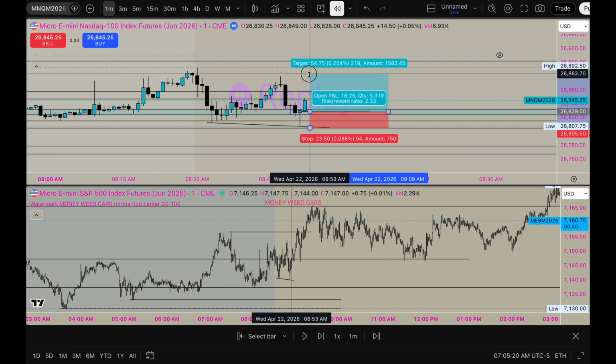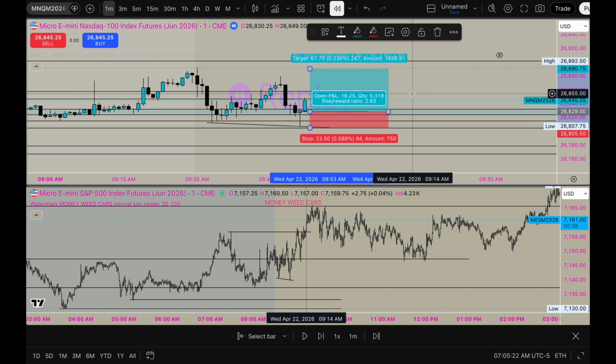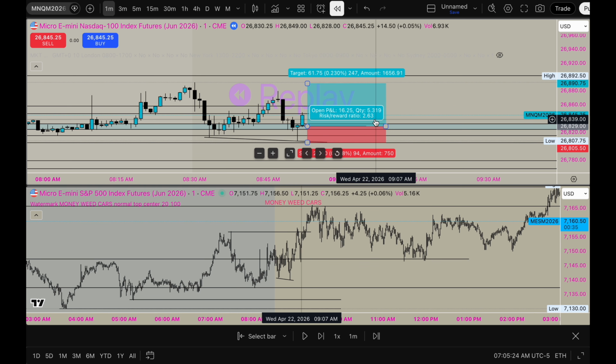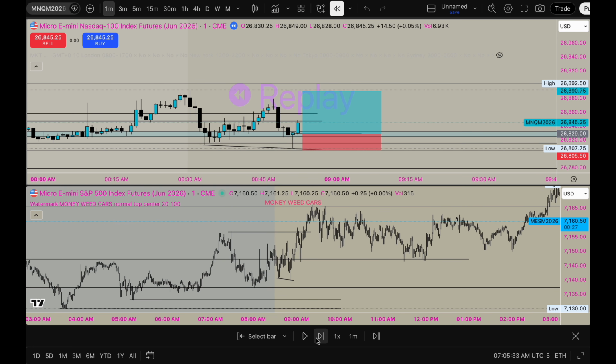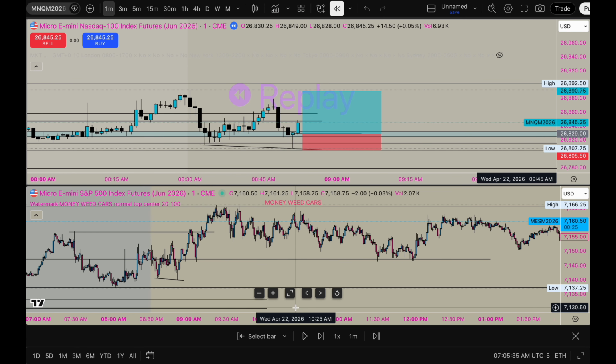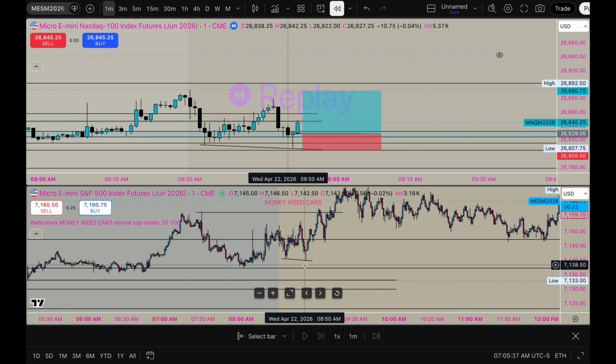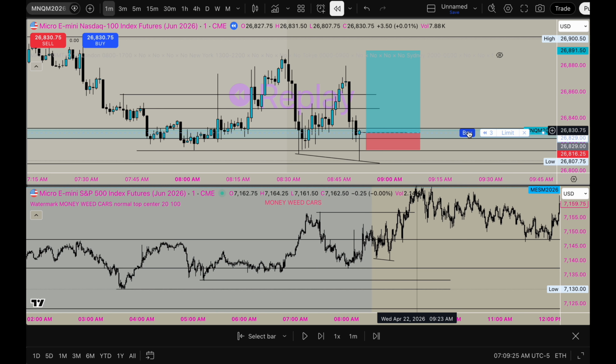And then you will target the highs. And it's going to be like a 2.63 to 1 risk to reward ratio. Anything over a 2 to 1 is pretty good. And then I'm going to go ahead and shut up and let the charts talk.